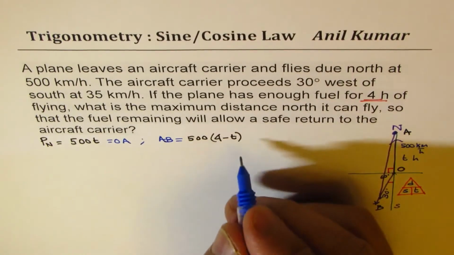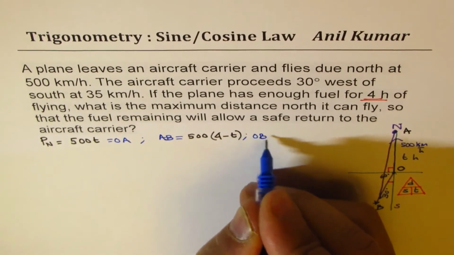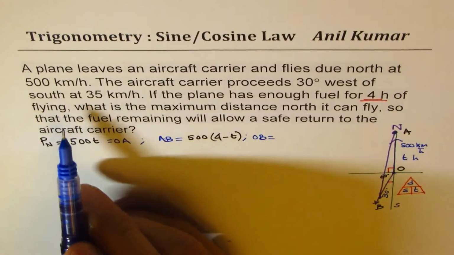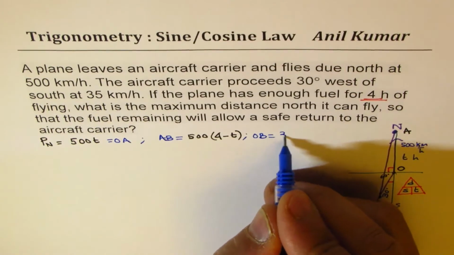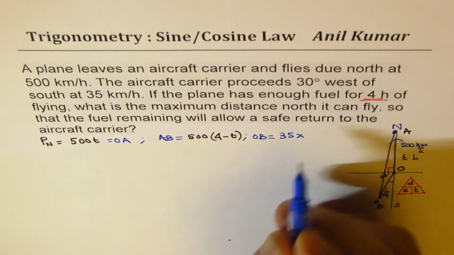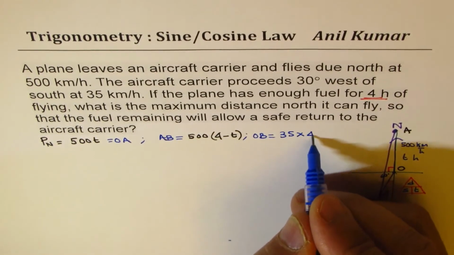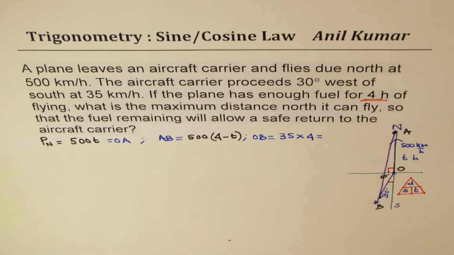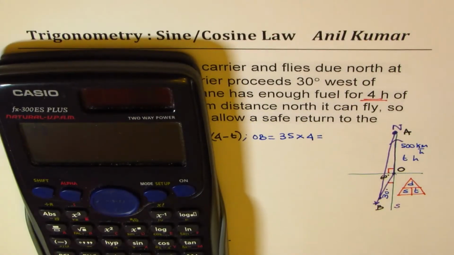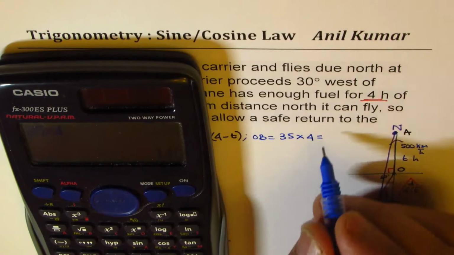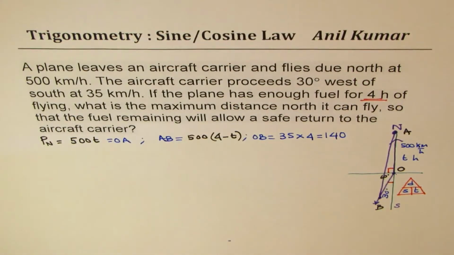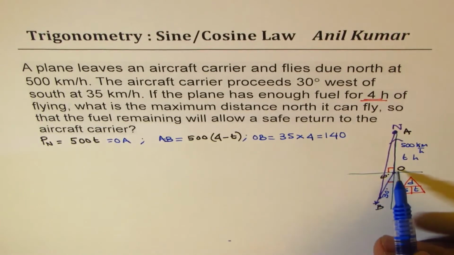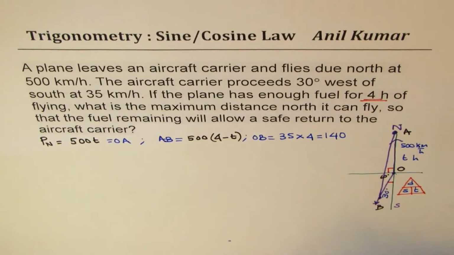Let's calculate that also. The aircraft carrier is traveling at 35 kilometers per hour, so it will be 35 times 4 hours, which is 140. All these distances are in kilometers. So we know OB is 140.